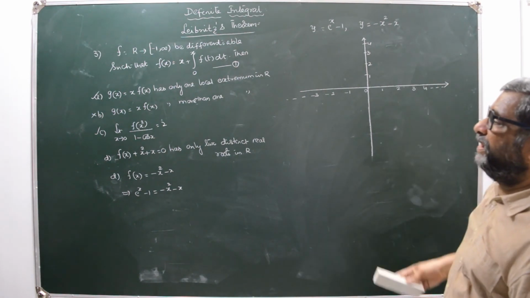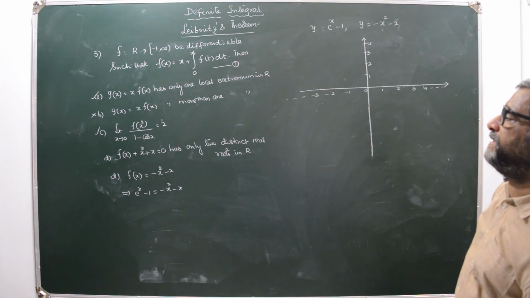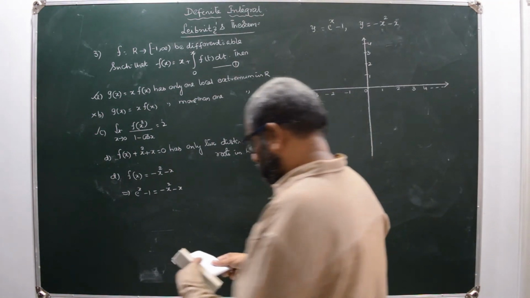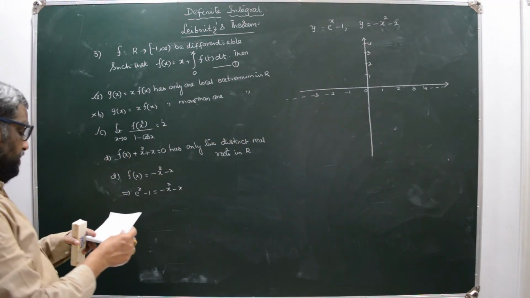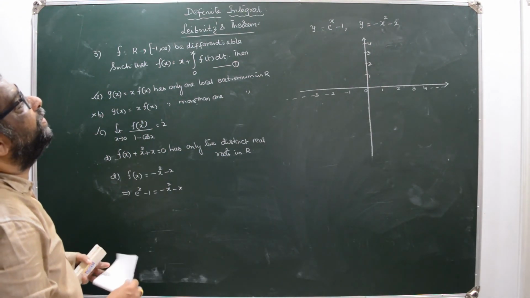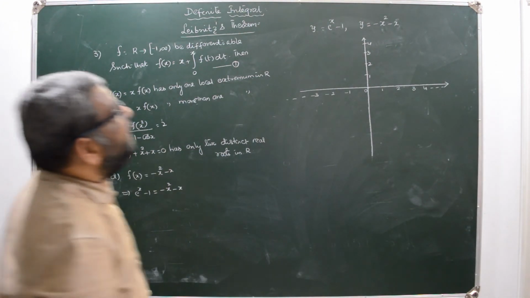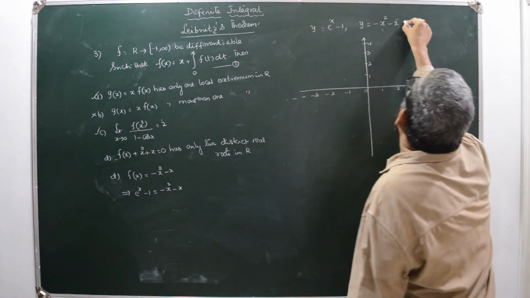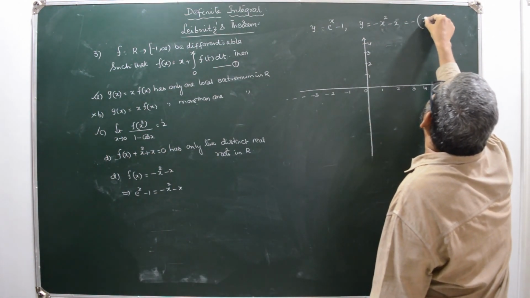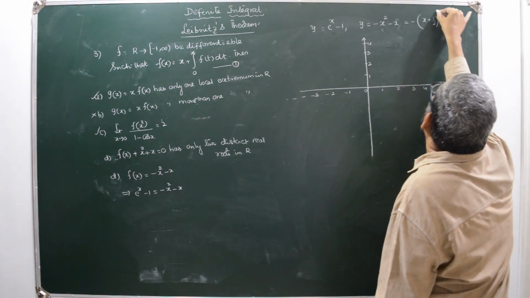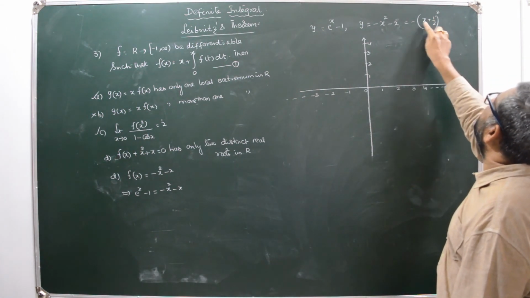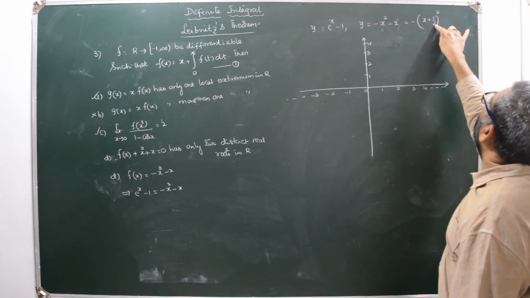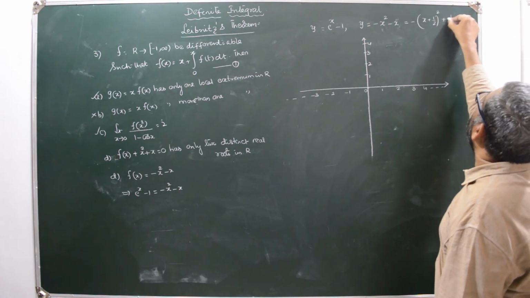So, f of x is equal to x square plus x is equal to 0. So, I'll do one thing. I'll write it like this. Minus, this is x plus half whole square. x square plus 2 into x into half, that is x, minus x. Plus 1 by 4, minus 1 by 4. This is plus 1 by 4.